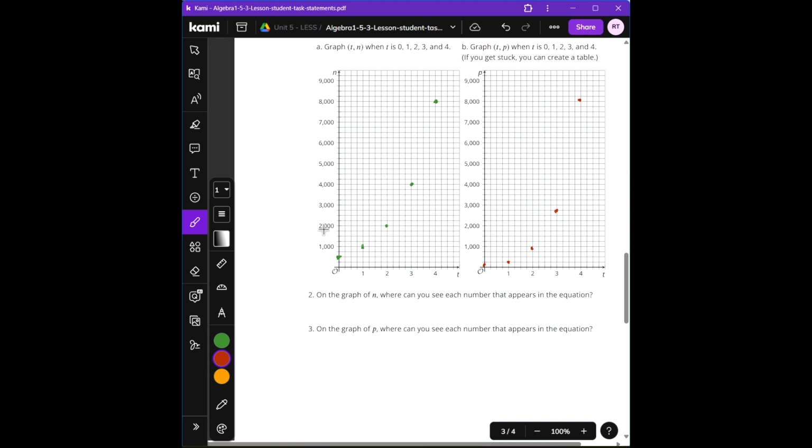So on the graph of n, that's going to be this one. You can see the n up here.